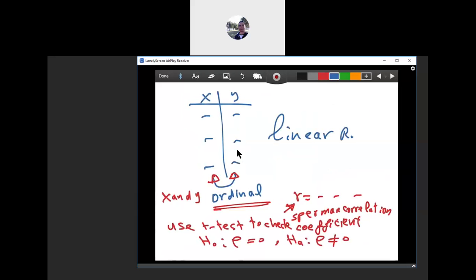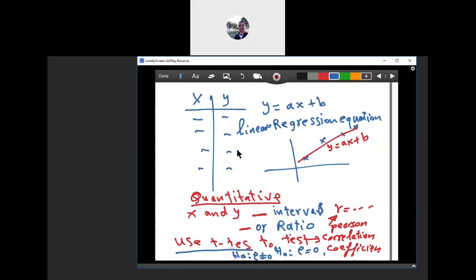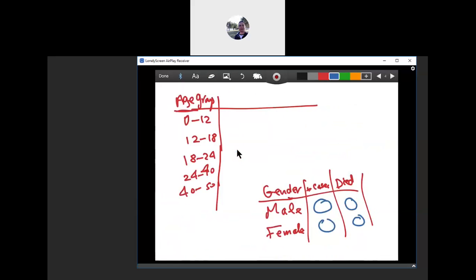because this is linear regression. Also here, I have only two variables, right? And also it is linear regression. Even if I have more than this, I have y and I have x1, x2, x3.